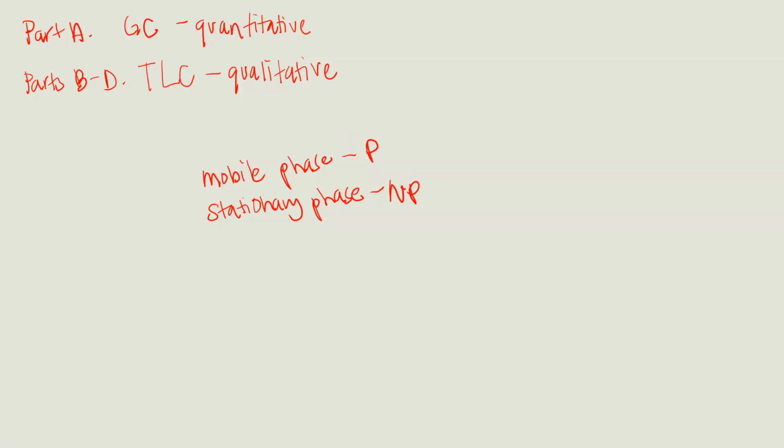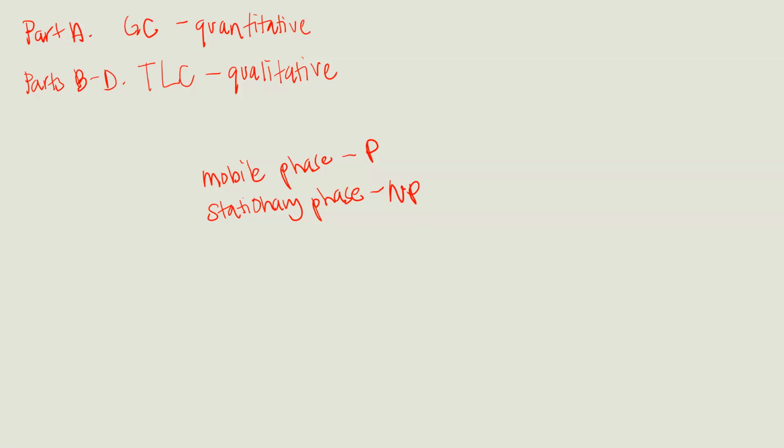Or it could go the other direction, and they don't have to be one super, super non-polar and one super, super polar, but one is more non-polar than the other. Okay, so the components of the mixture will be more strongly attracted to one of these two things, either the stationary phase or the mobile phase.